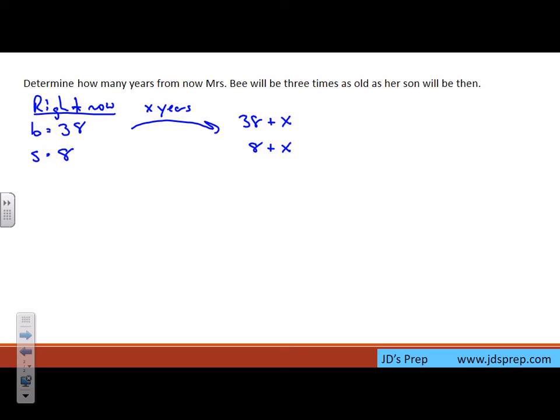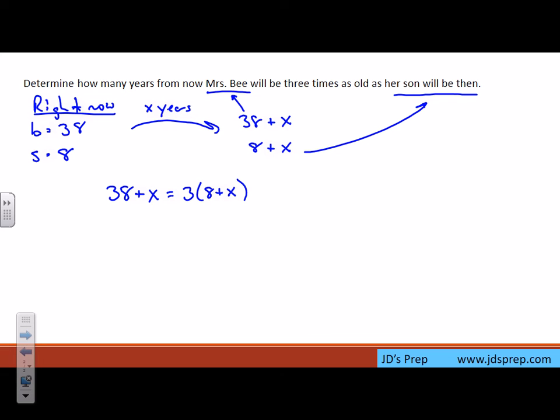So these are going to be our 2 quantities for this equation in order to determine when it will occur that Mrs. B will be 3 times as old as her son. If we're saying that Mrs. B's age, which is the 38 plus X, will be 3 times as old as her son will be, which is the 8 plus X, we can represent that in an equation by saying 38 plus X is equal to 3 times 8 plus X. And now we have another equation with only one variable that we can solve to answer this question.